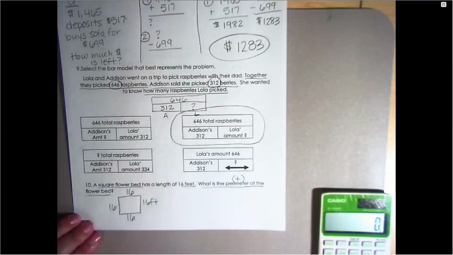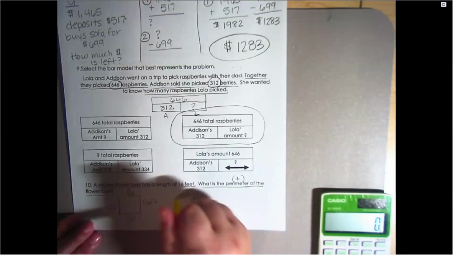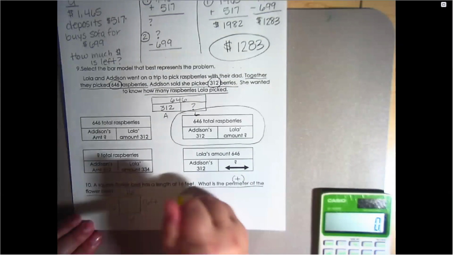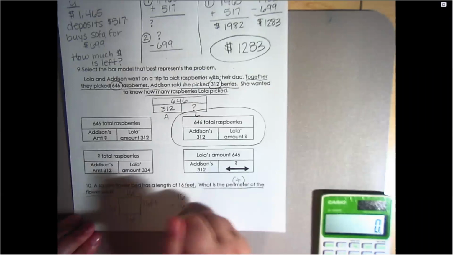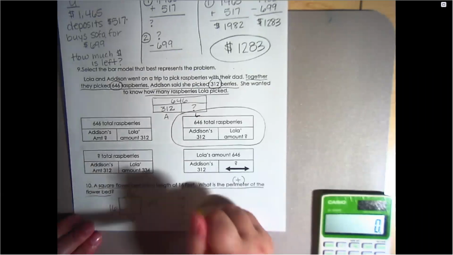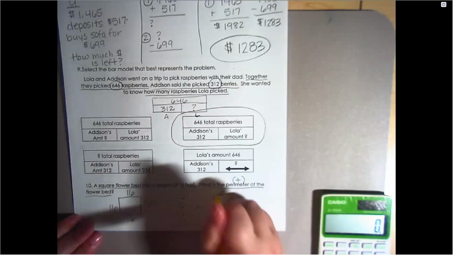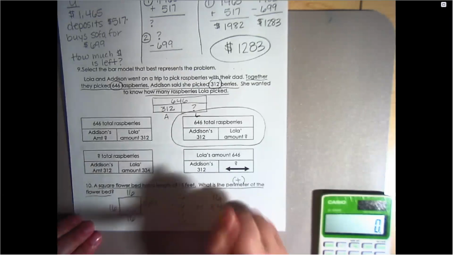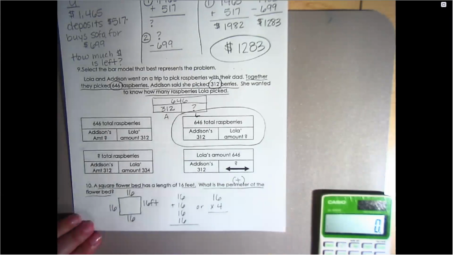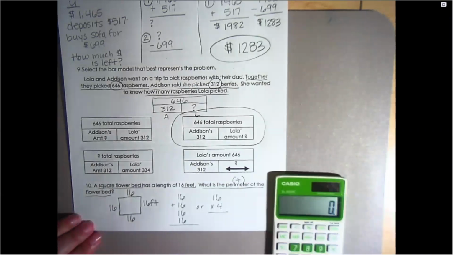And now to find the perimeter, you have to add. So perimeter would be 16 plus 16 plus 16 plus 16, okay? Or you could do 16 times 4. Either of the equations will get you the correct answer.